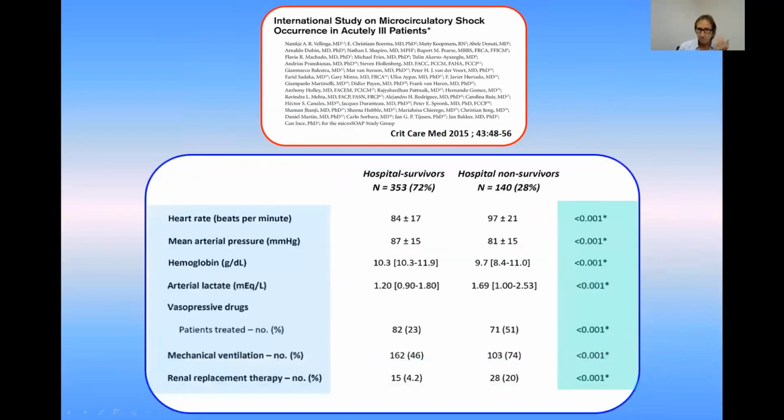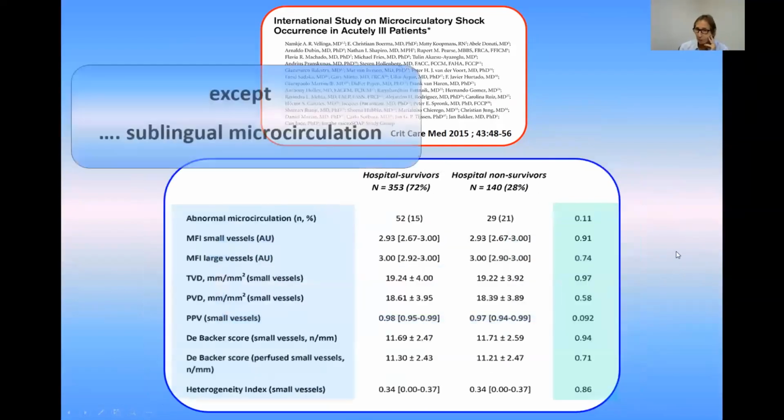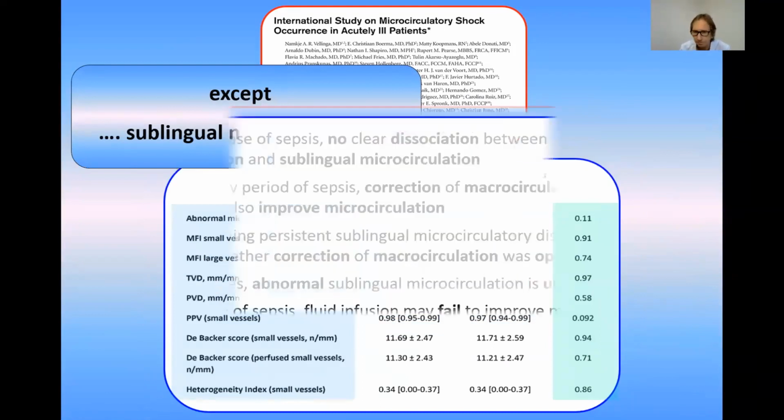And more importantly, there were big differences between survivors and non-survivors in terms of heart rate, MAP, hemoglobin, lactate, etc. Everything was different between survivors and non-survivors, except for microcirculation. There was no difference in any variable of the sublingual microcirculation detected by this technology. No correlation, no association with mortality.